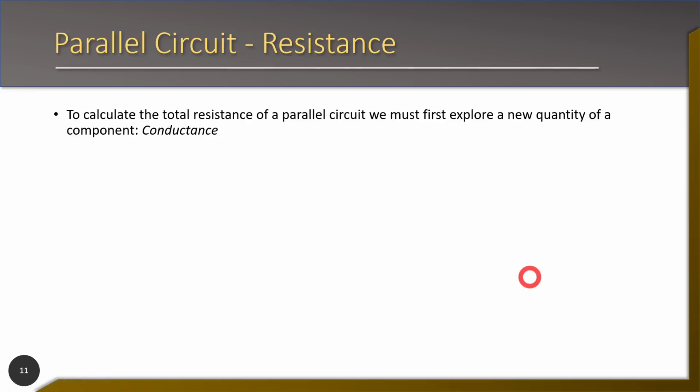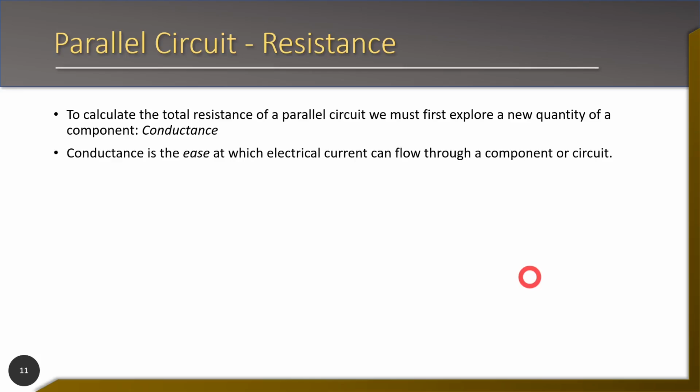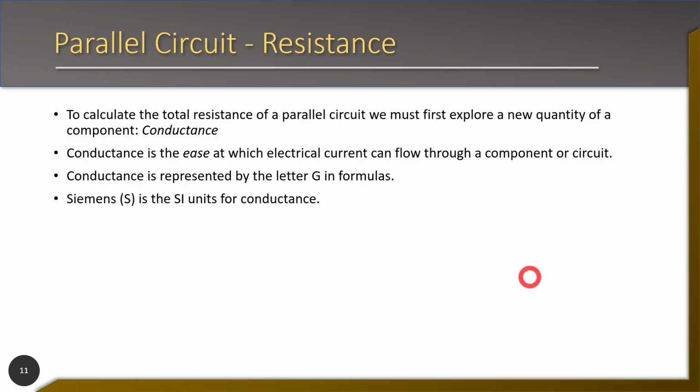To calculate the total resistance of a parallel circuit, we must first explore a new quantity called conductance. Conductance is nothing more than the opposite of resistance. Conductance is the ease at which electrical current can flow through a component, instead of how difficult it is for the current to flow, which is resistance. And for conductance, we use the letter G in our mathematical formulas, and the unit of measure is Siemens.